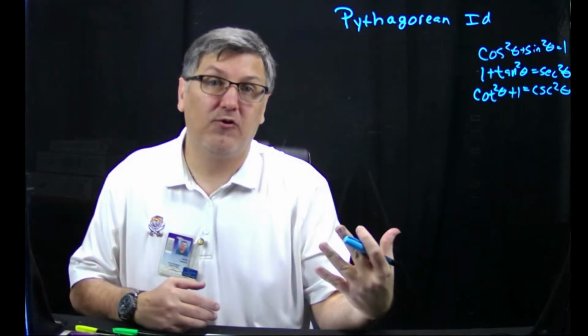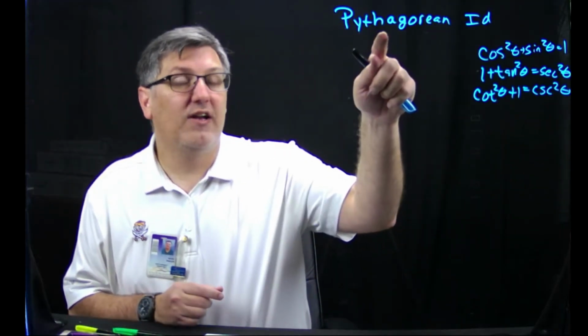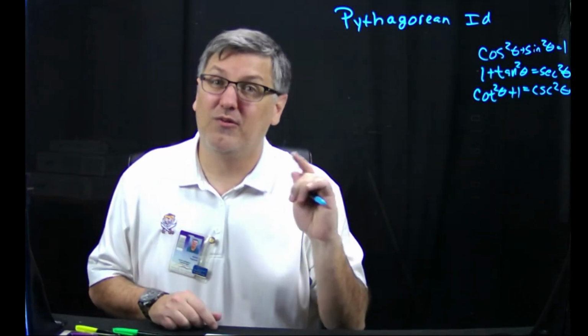So let's look at a way to use the Pythagorean identity to solve a problem we've already done, where we drew reference triangles and used the Pythagorean theorem. The Pythagorean identities are based on the Pythagorean theorem, so we're going to be able to solve these problems. I still think it's considerably easier the other way, but let's go ahead and do this.